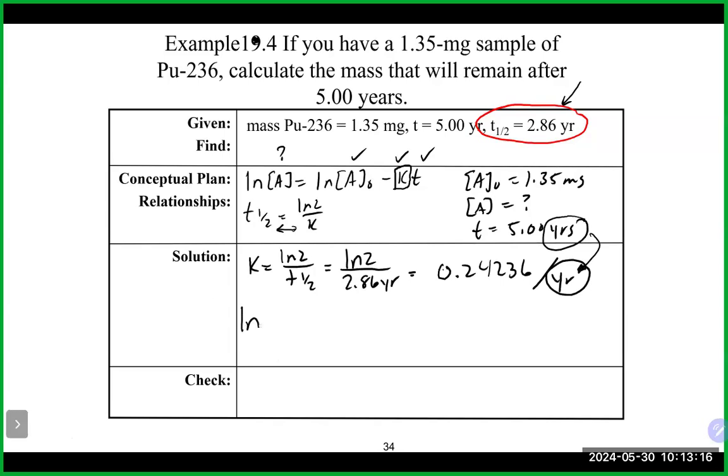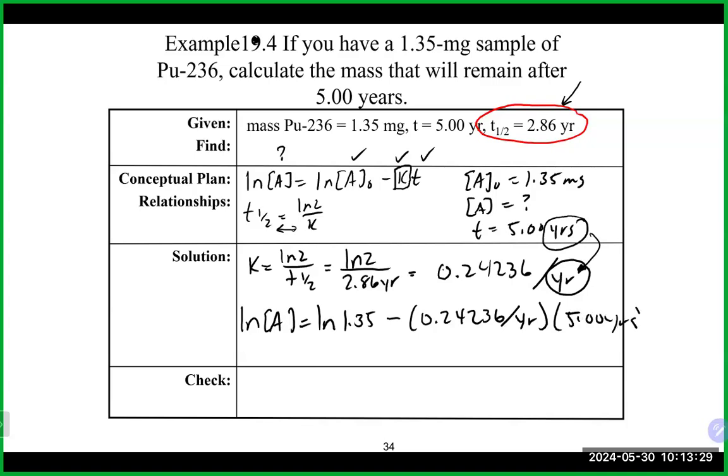So we're going to go natural log of A equals natural log of 1.35 minus 0.24236 times 5 years. All right, so cleaning up the right-hand side there, it's going to give us here the natural log of 1.35 minus 0.242359154 times 5.